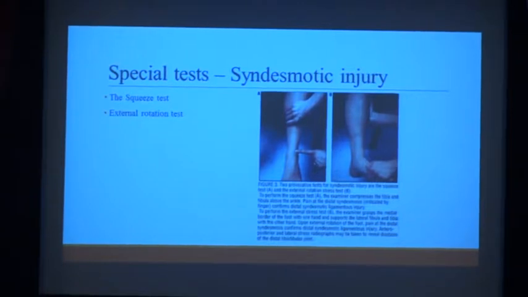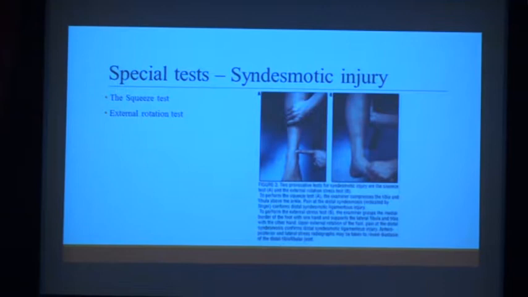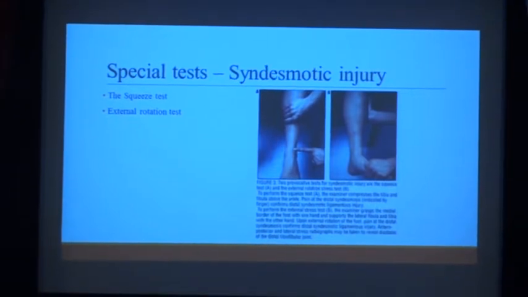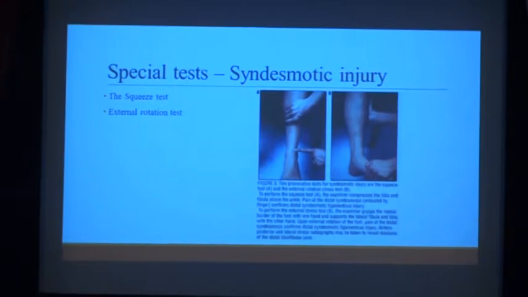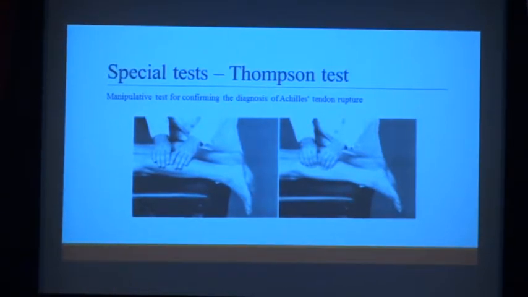So syndesmotic injury, you do the squeeze test from the middle third of the leg, come down, squeeze it, you will see if there is pain around the tibiofibular syndesmosis. And also the external rotation test is another test to find out about the syndesmotic injuries. This is a Thompson test to confirm the Achilles tendon rupture.